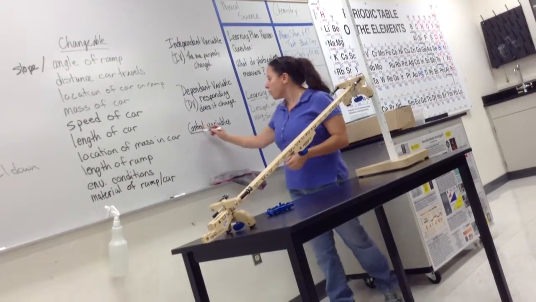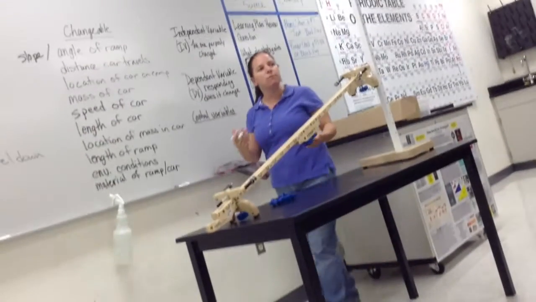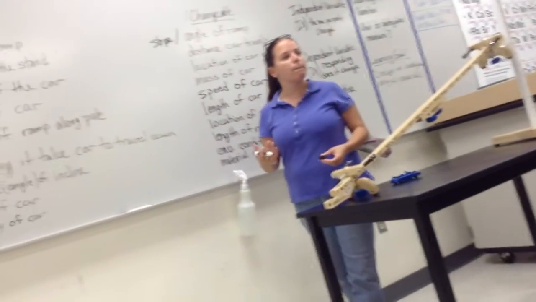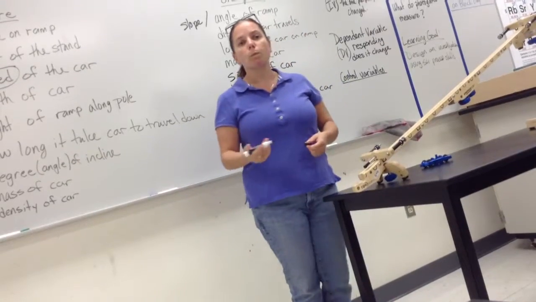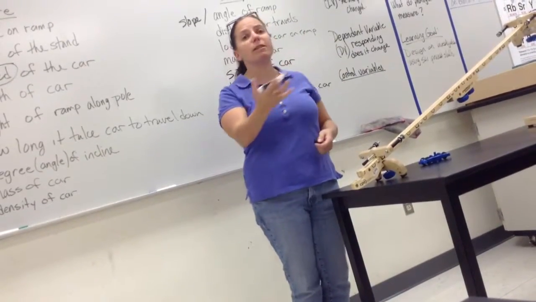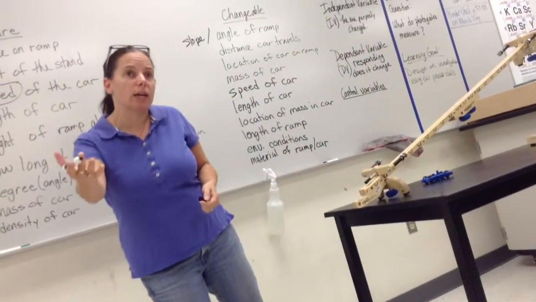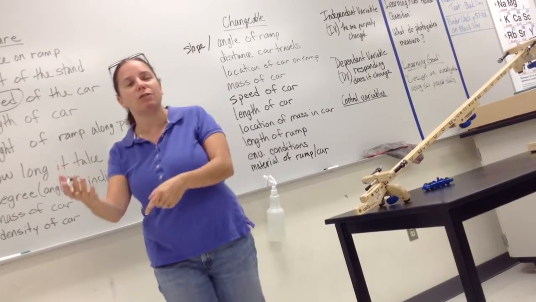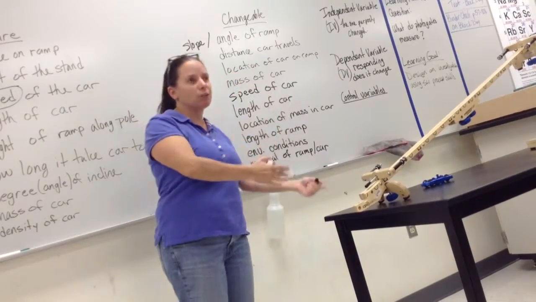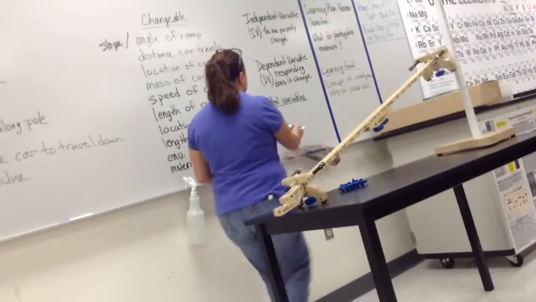Okay, your control variable, what defines a control variable? Something that doesn't change, that you control. Okay, you control it, you keep it the same. It has the ability to change. It can be changed, but you're choosing not to. You're choosing to keep it the same.